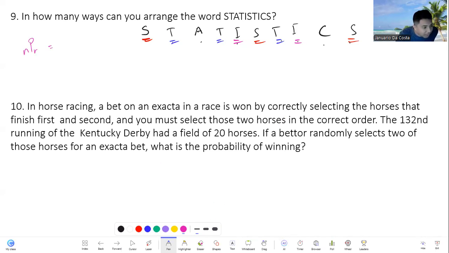So in order to calculate this, all you need to do is simply, you want to know the number of all possible ways.